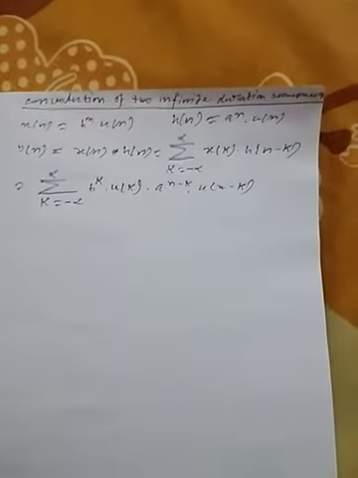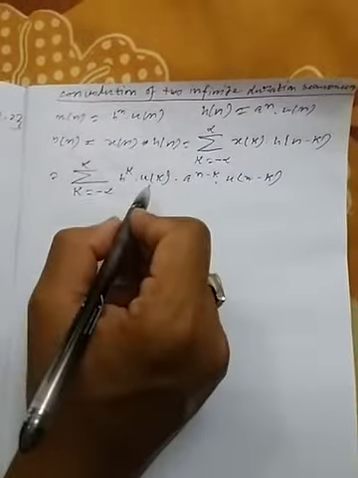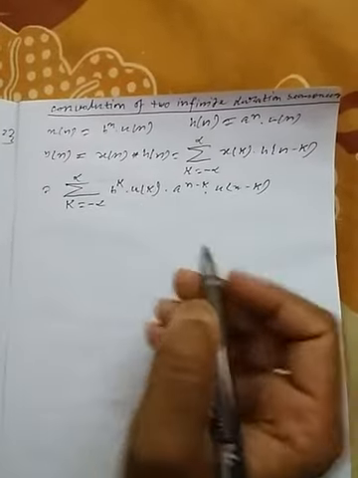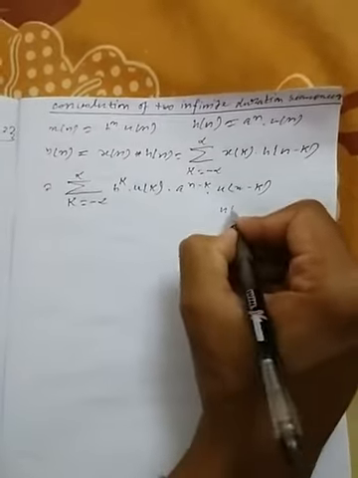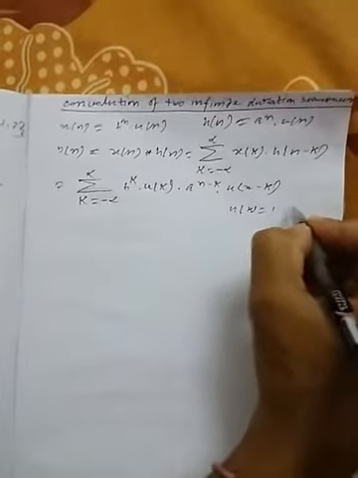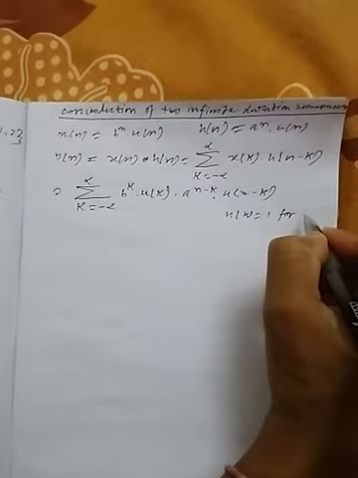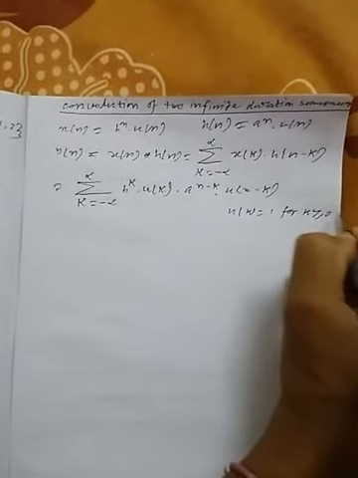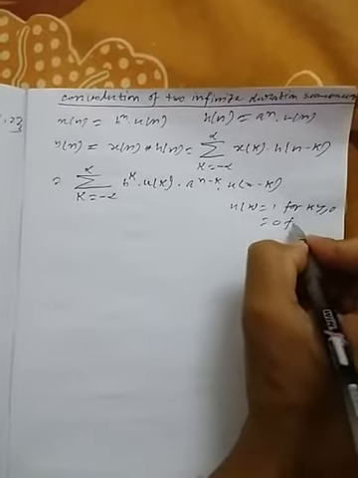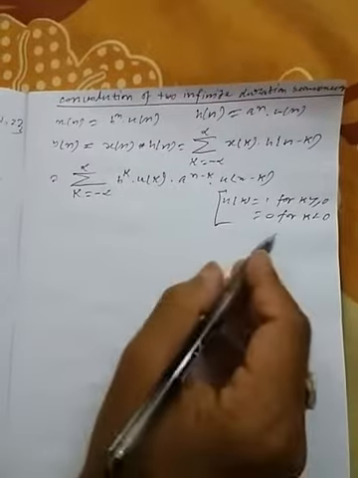Now we know u[k] is defined equal to 1 for k greater than or equal to 0, equal to 0 for k less than 0. So this is the definition of u[k].